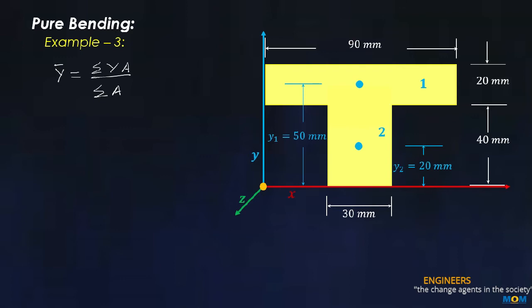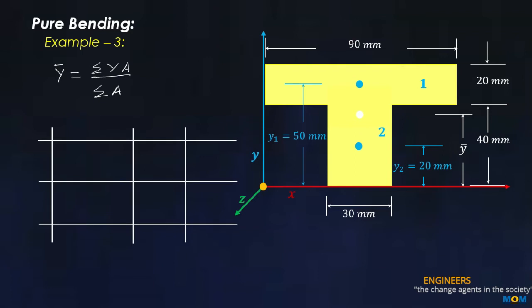Now to calculate the overall centroid of the part, it would be better to make a table. Here we show the area, that would be in millimeter square, then the centroid of individual bars, that would be in millimeter, and the product of individual centroid with the area, that would be in millimeter cube.